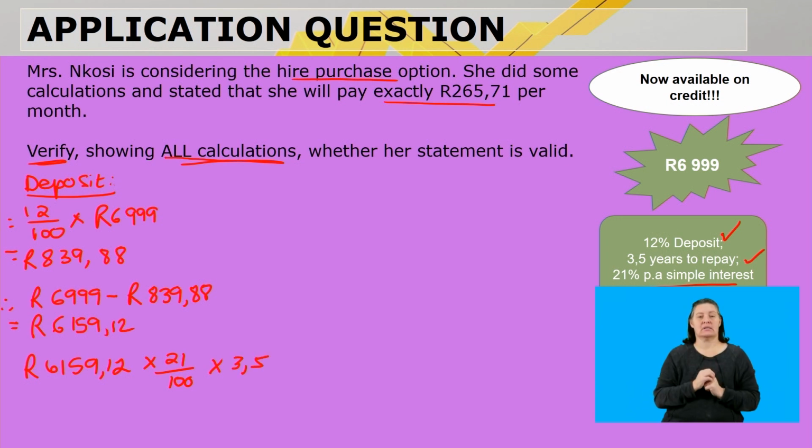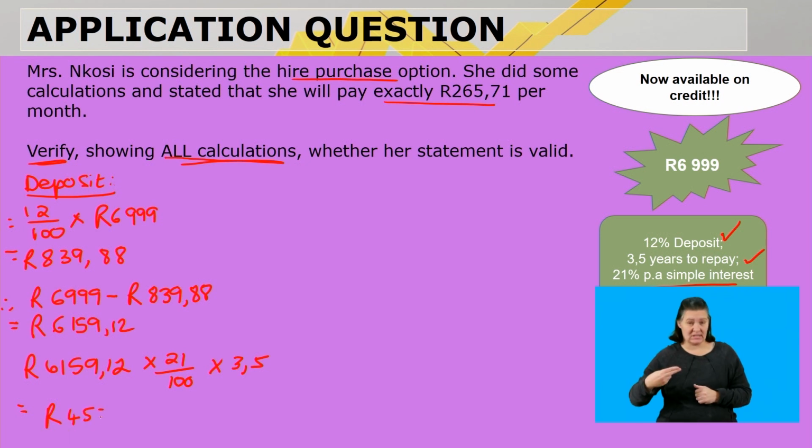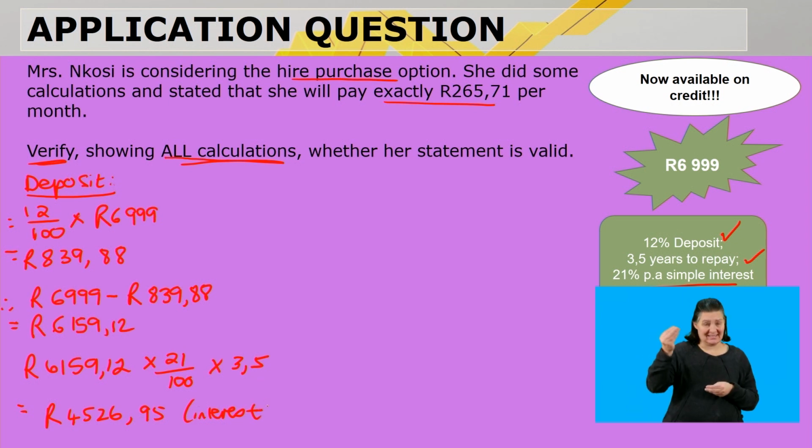Okay, so I'm going to key that in on my calculator: 6,159 Rand and 12 cents, multiplied by 21%, multiplied by 3.5 years. That will take us to an amount of 4,526 Rand and 95 cents. And remember, this is only the interest that is payable.